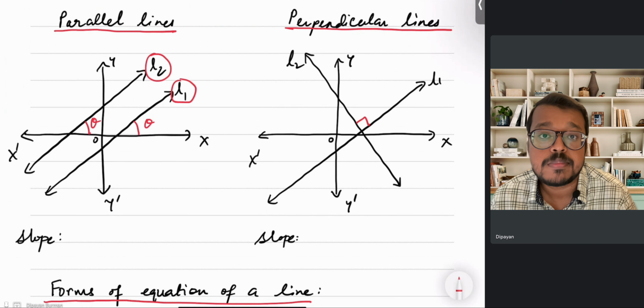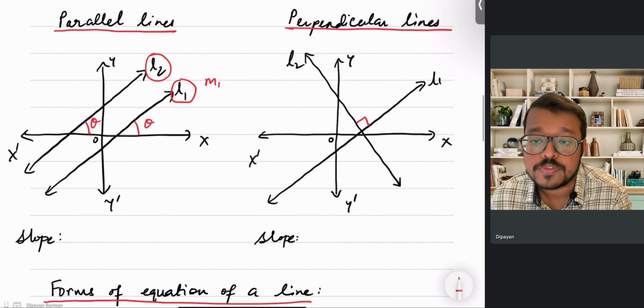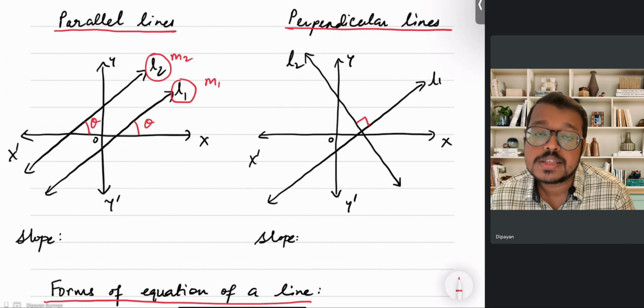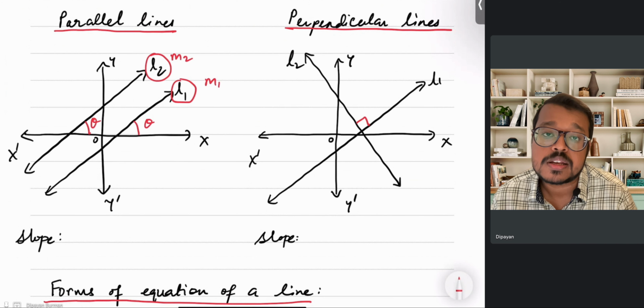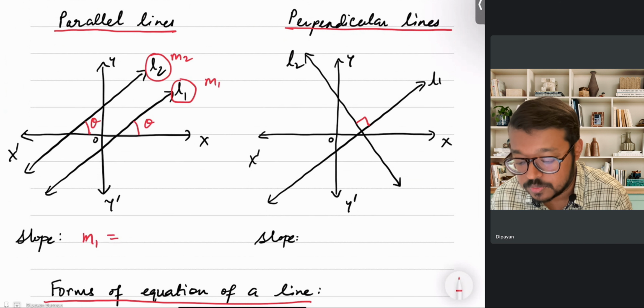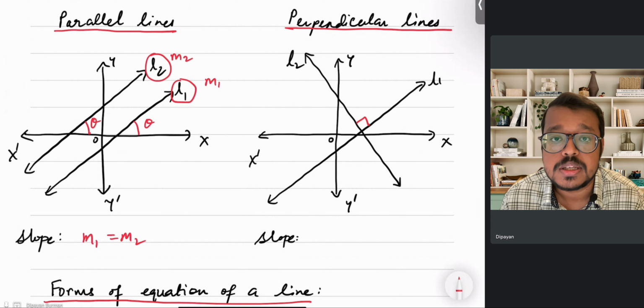So they have the same inclination. Let's say M1 is the slope of line L1 and M2 is the slope of line L2. Since they have the same inclination theta, both will have slope tan theta. So I can say that M1 equals M2. Slopes of parallel lines must be equal.